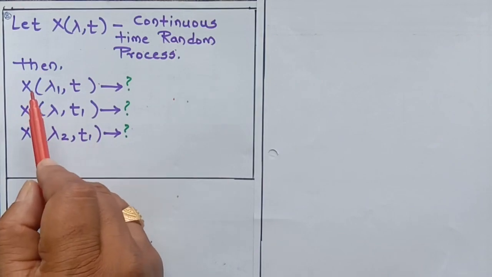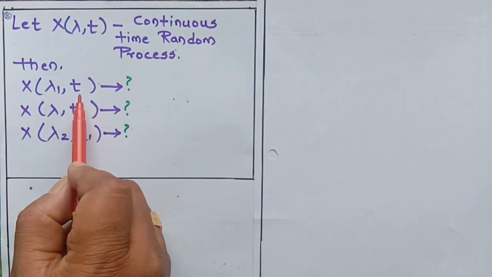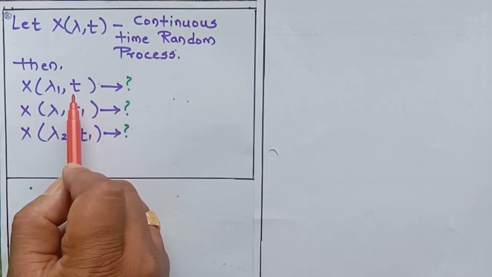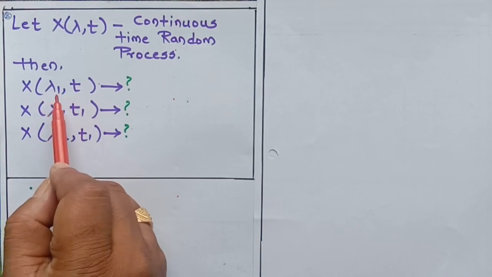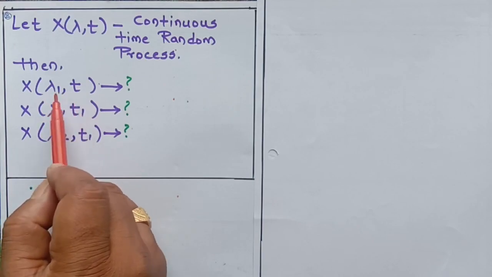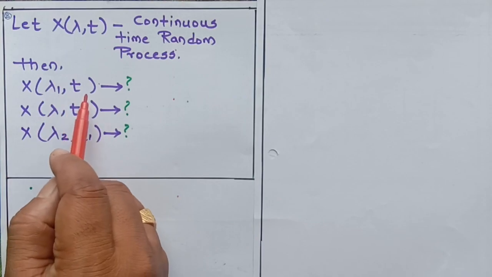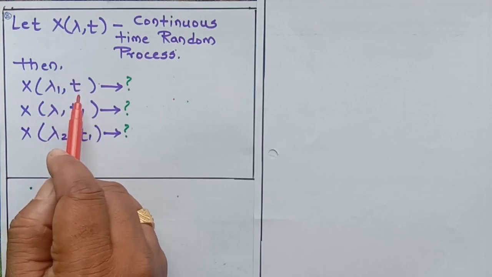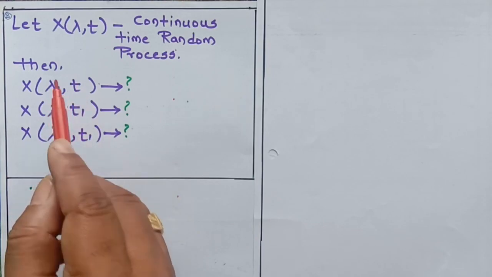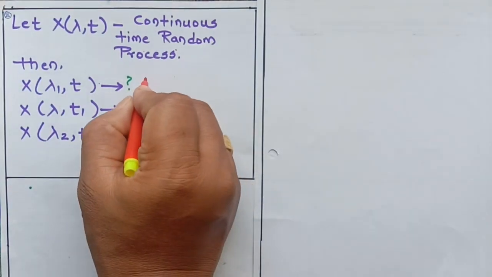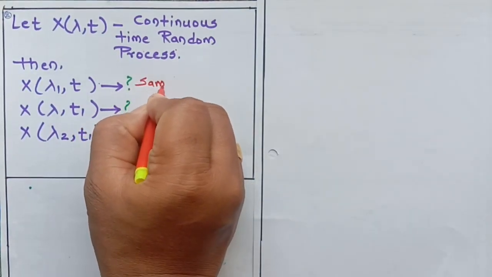First, x of lambda 1 comma t means we are going to measure over the interval, over the time, so it is called a sample function.